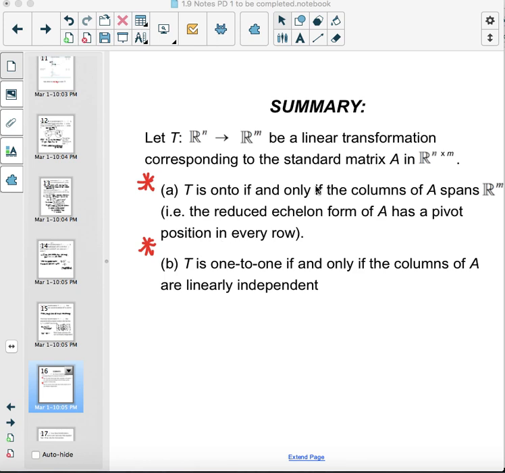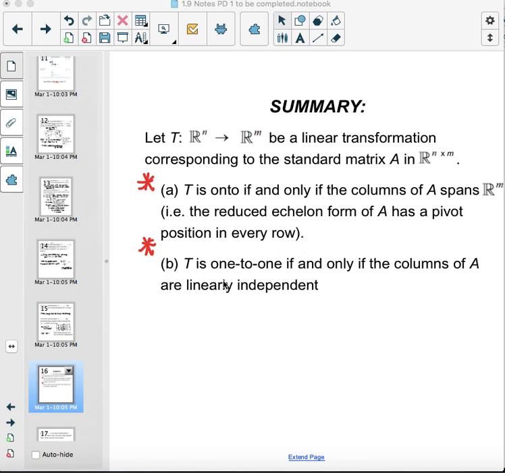Hello, welcome to part 3 of the 1.9 notes for linear algebra. So where we left off, we were talking about: T, a linear transformation, is onto if and only if the columns of A span the codomain. So that means the reduced echelon form of A has a pivot position in every row.